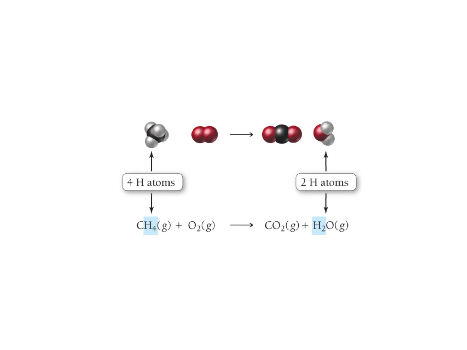Okay, so let's talk about this more. So here, for CH4, tell me what elements I have. Carbon, hydrogen, right? So how many carbon do I have here? 1. How many hydrogens? Exactly. So this is for CH4. I write with another color. For oxygen, how many oxygen atoms do I have? 2, right? And then I write with brown here.